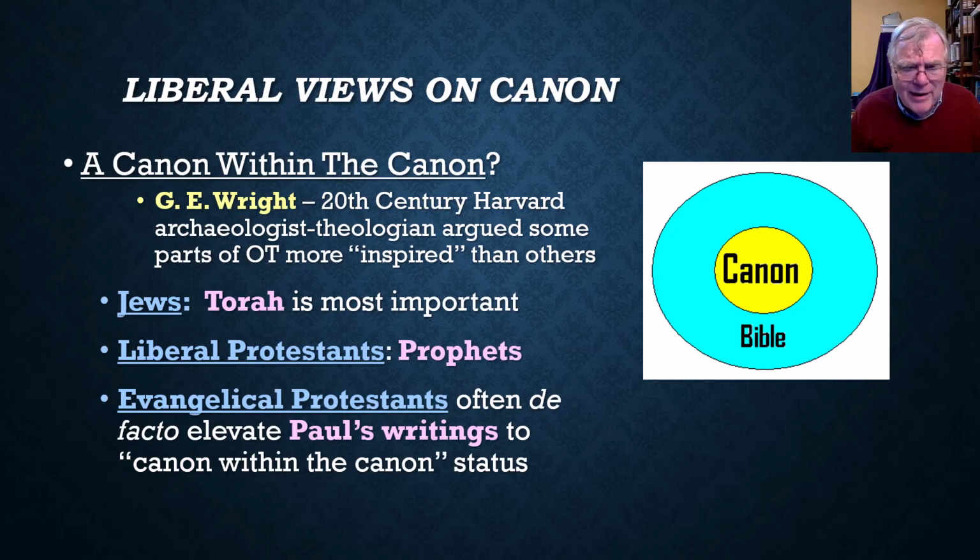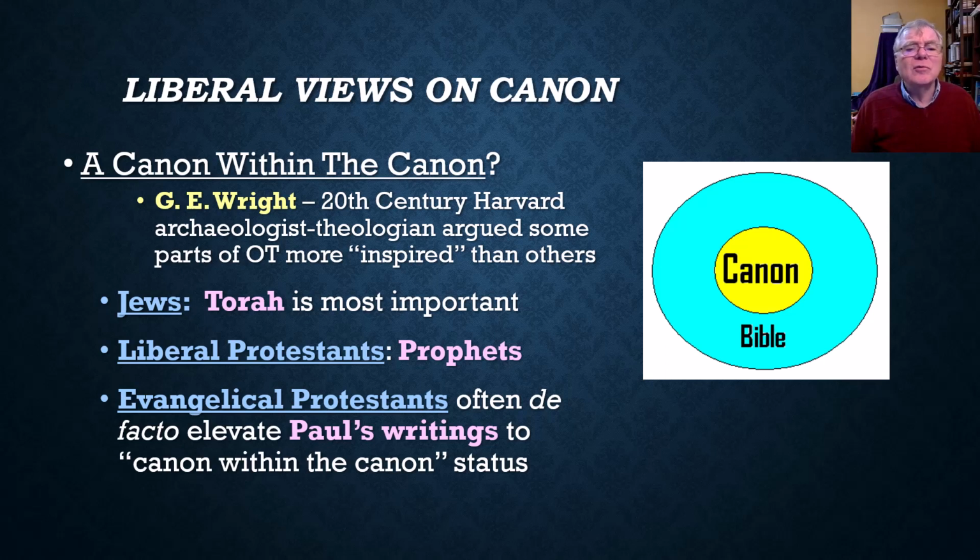Now, before I go on to talk about that a bit more, I should mention that there are some other views that have circulated over the years, particularly more modern views on the canon. For example, a 20th century Harvard archaeologist theologian by the name of G.E. Wright argued for the point of view called a canon within the canon.